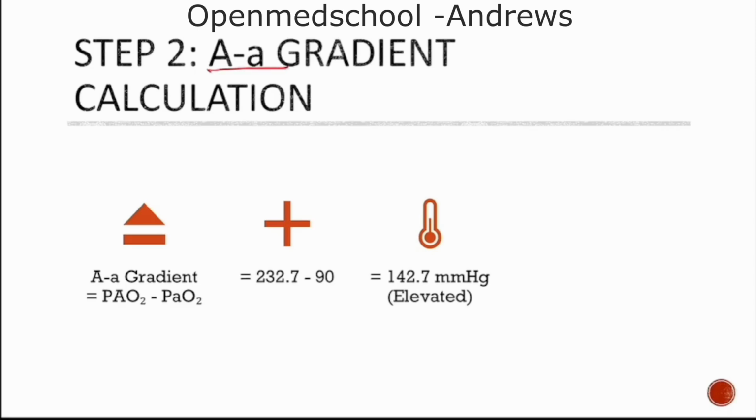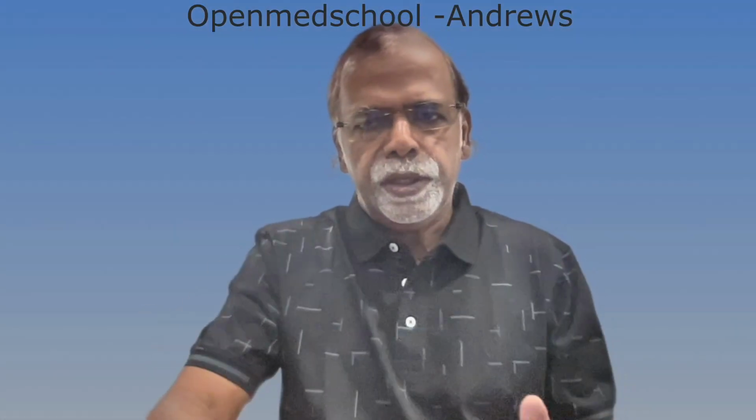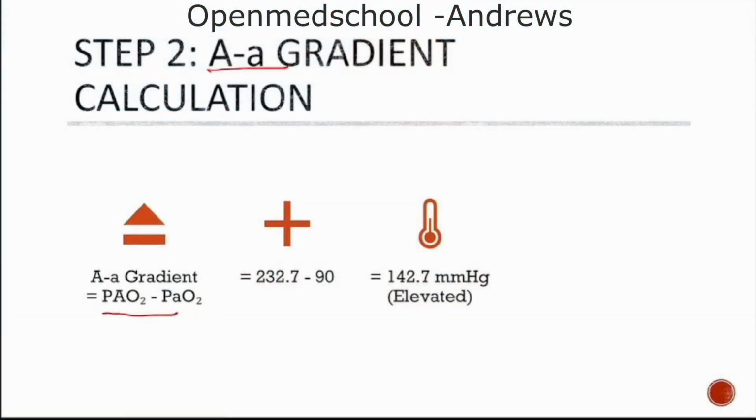As we know, the AA gradient is the difference in pressure between the alveolar oxygen tension and arterial oxygen tension. So here 90 was the PaO₂, and the alveolar pressure we have already calculated is 232. So it came to 147.